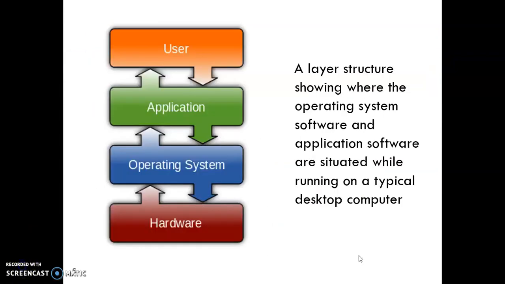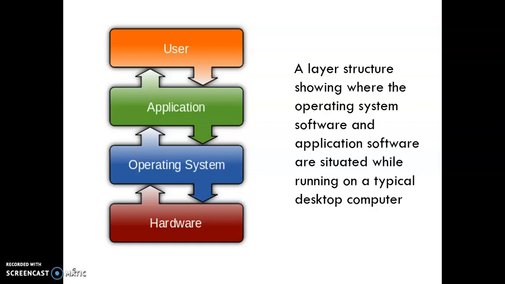Okay, from this slide, you can see the layer structure between the user application, OS, and the hardware. For example, when the user wants to use Microsoft Office, which is one of the application software, the user will turn on the computer and automatically the system software will run, which is Windows 10. Next, the user will give an instruction to run Office and use Word, for example.